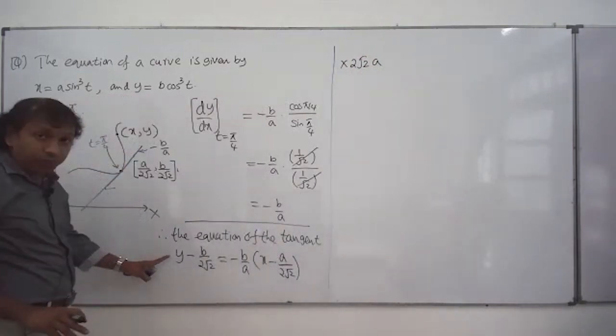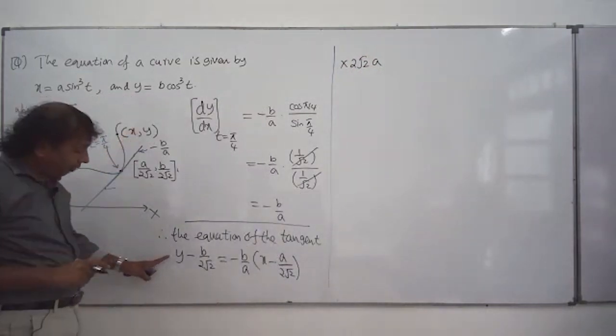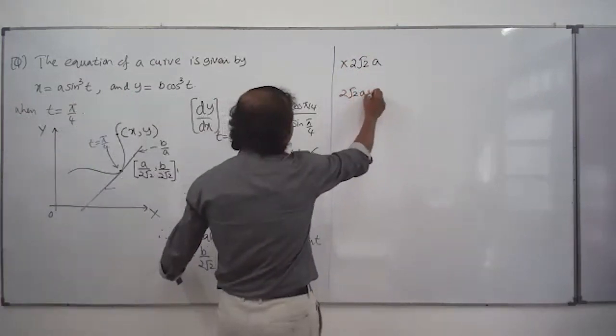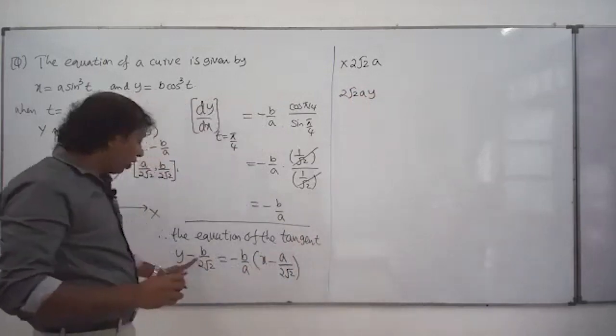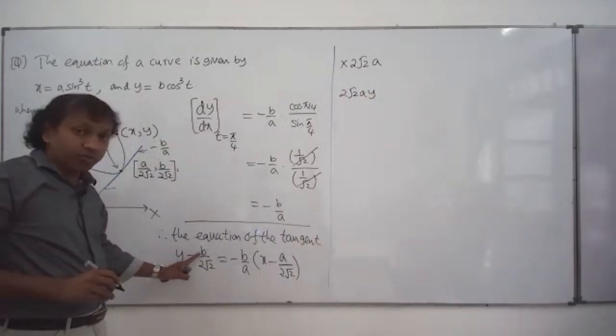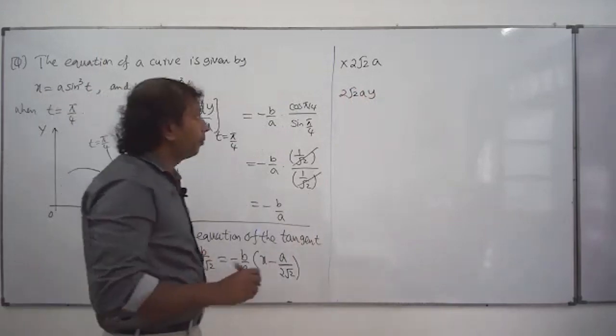When you multiply this by 2 root 2a, this will be 2 root 2ay. When you multiply this by 2 root 2a, the 2 root 2 will cancel with this. This b should be multiplied by a. Then we get ba.